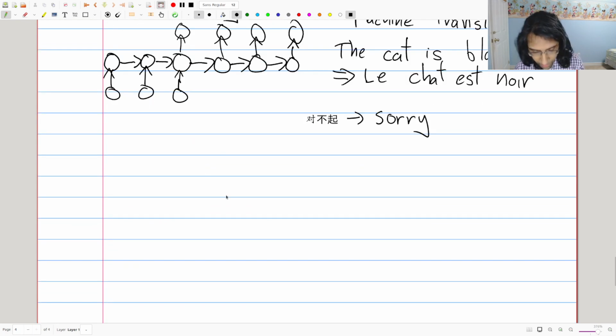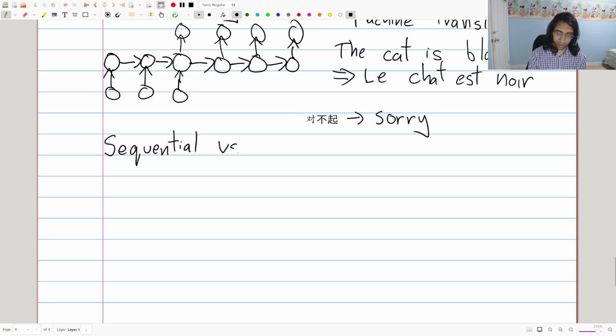Okay, let's talk a little bit more, hopefully get the general gist of what we're looking at when we're doing RNNs. Let's talk about one more detail about the architecture and how we set it up. I'll write this as sequential versus parallel.